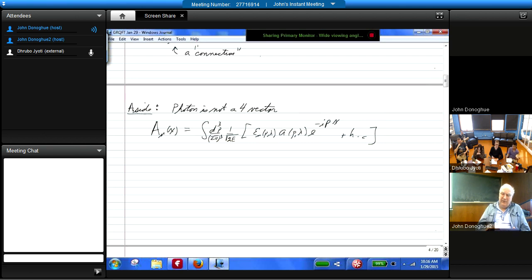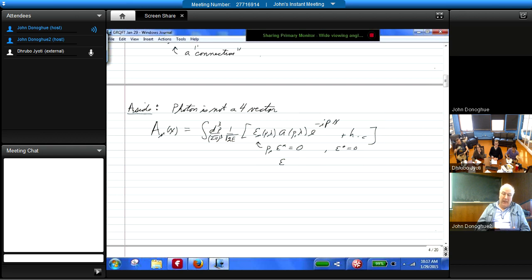So this is how we describe a 4-vector, and this guy satisfies p mu epsilon mu equals 0 to describe just the transverse degrees of freedom. And in fact, if you have a free field, you can also set epsilon 0 equal to 0.